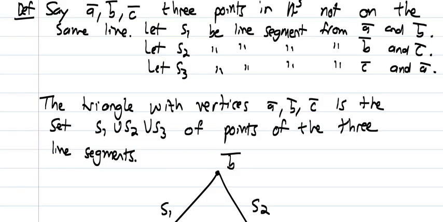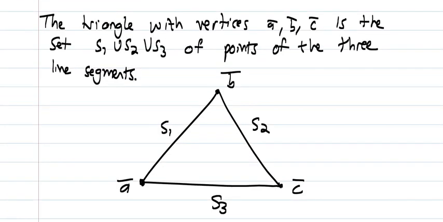It's better to demonstrate this with a picture. So imagine this in 3D. You have 3 points in space. It doesn't matter where they are in space, as long as they do not lie on the same line. Now for any pair of points, we construct a line segment between those points.